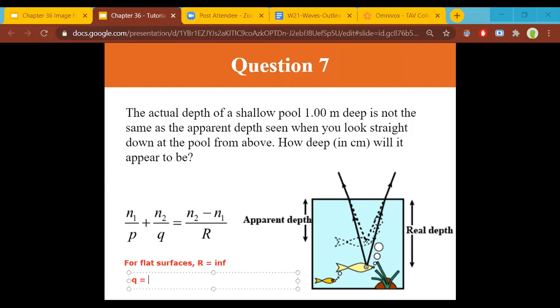In this case, the object is just the bottom of the pool. Solving for the position of the image, you'd get q equals p times n2 divided by n1.